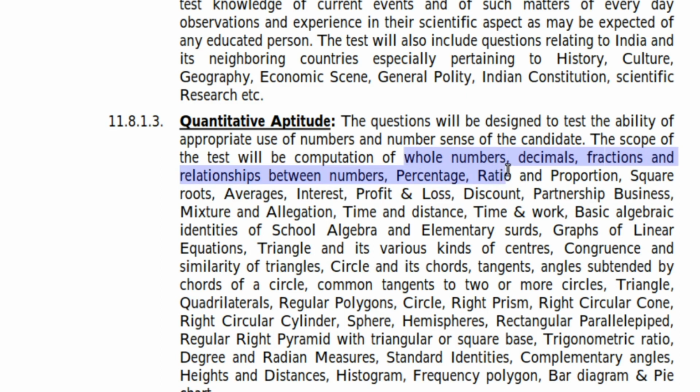It has whole numbers, decimals, fractions, relationship between numbers, percentage, ratio and proportion, square roots, averages, interest, profit and loss, discount, partnership business, mixture and allegation, time and distance, time and work, basic algebraic identities of school algebra and elementary surds, graph of linear equations.